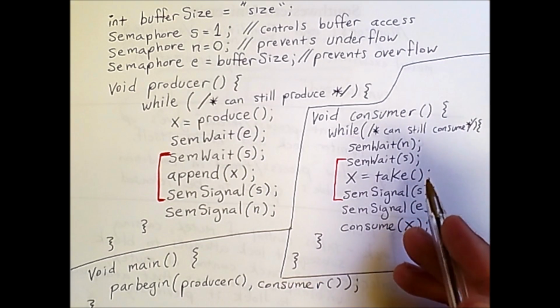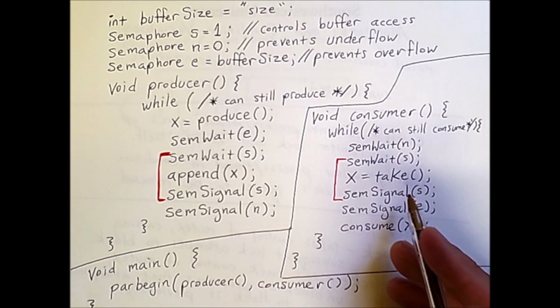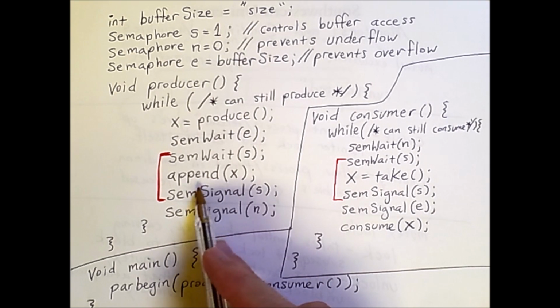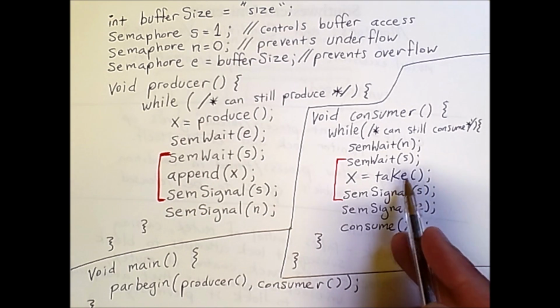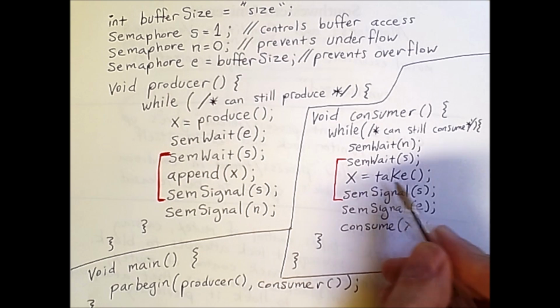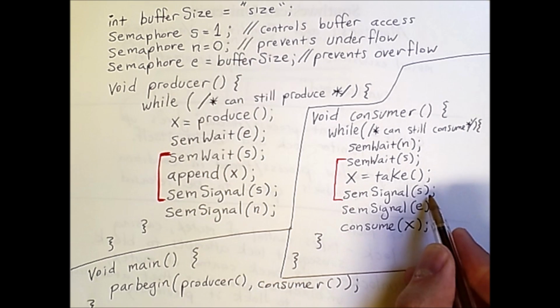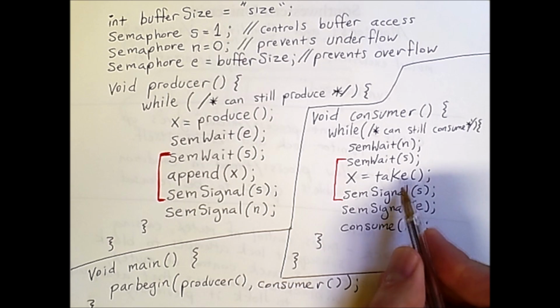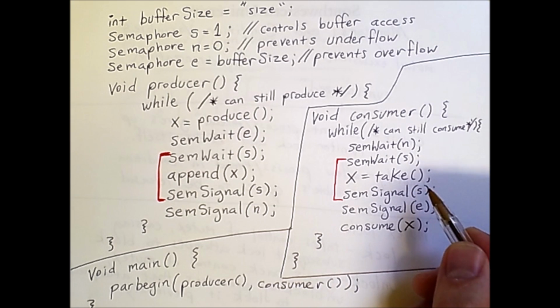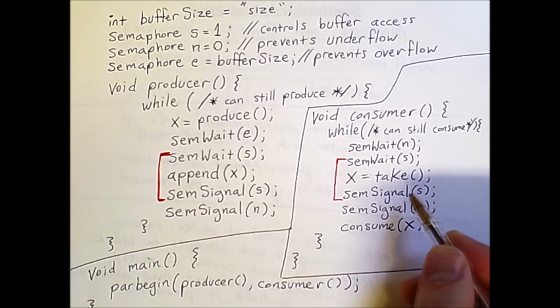So in terms of the data structure we're manipulating, this append is like an enqueue command on a queue, and the take is like a dequeue command on the queue. So we take out x, and then we unlock access to the buffer, and by taking out x, we've created a new space in the buffer for something to be added.